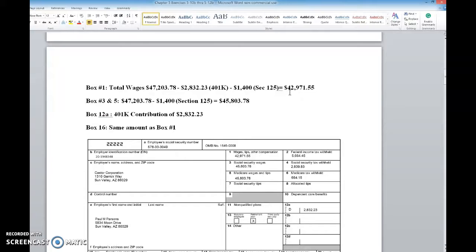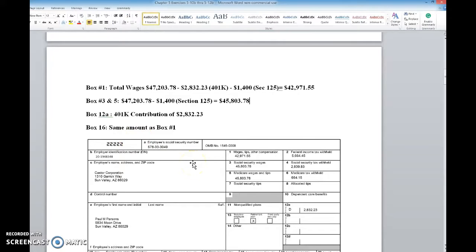So in this example here, we need to take the $47,203.78, subtract off that Section 125. So the wages that are eligible for Social Security tax and Medicare is the $45,803.78, and that would go in box 3 and box 5. Social Security tax withheld and Medicare tax withheld is given to us.